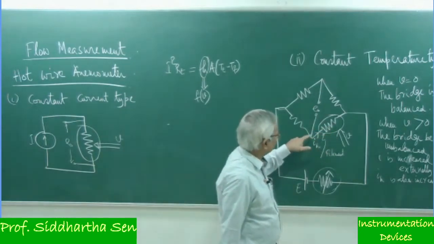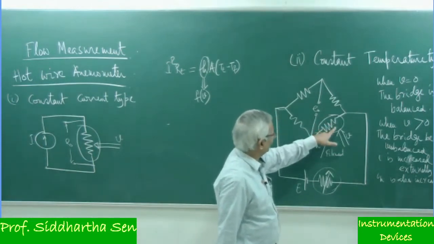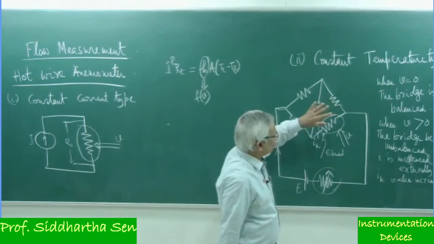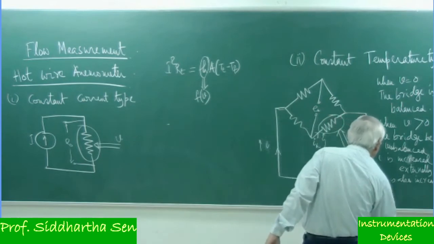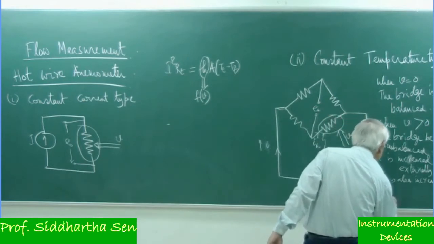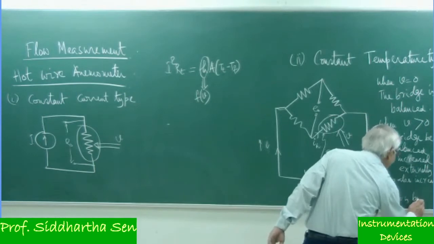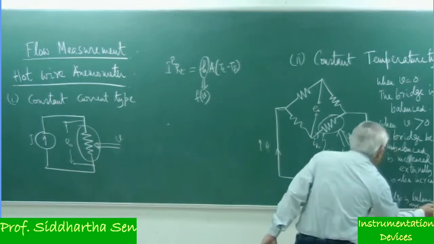And as the heat generation increases, the temperature of the filament will increase, and the resistance will be restored back. So our job is then that the bridge is balanced again. What does it mean?